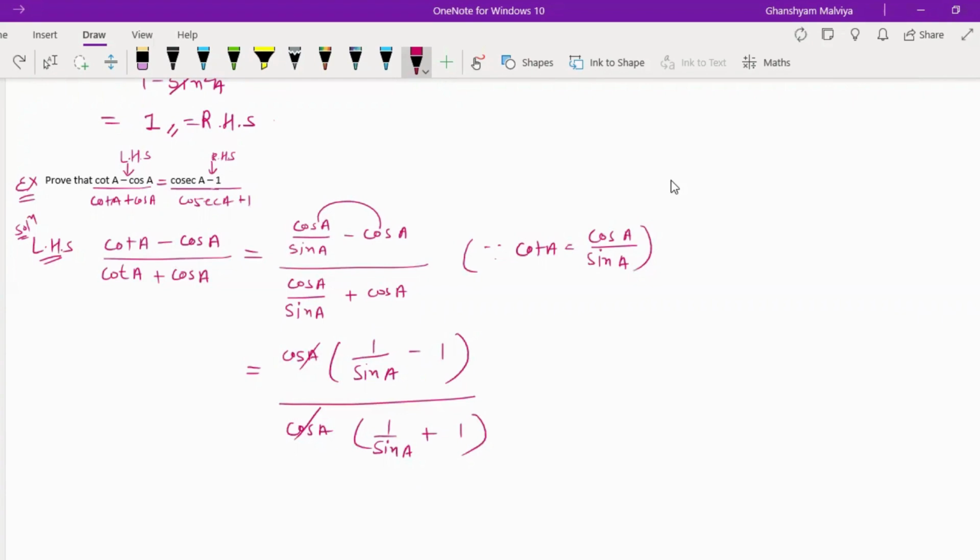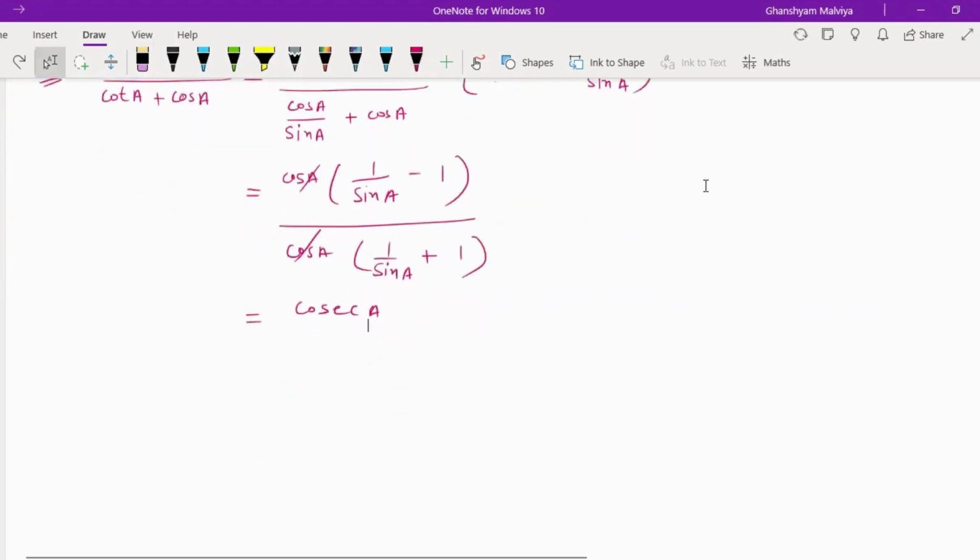So cos A cancels out. What will remain? 1 upon sin A, this is cosec A. This portion, you know that: 1 upon sin A is cosec A. That thing we also know.